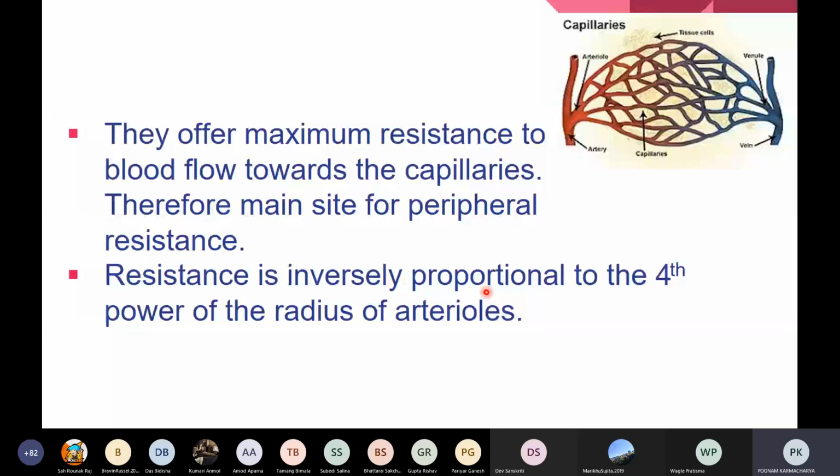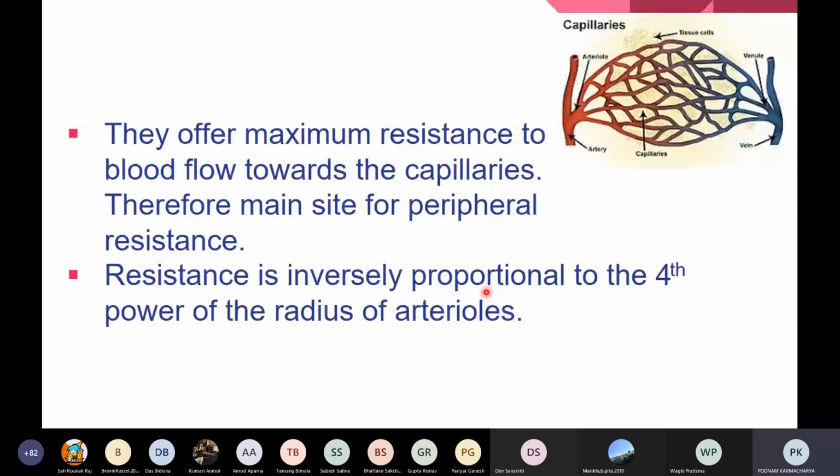If the radius is decreased to half, the resistance will increase by 16 times. And when the radius is doubled, the resistance to blood flow will decrease by 16 times. So resistance is inversely proportional to the radius of the arterioles.